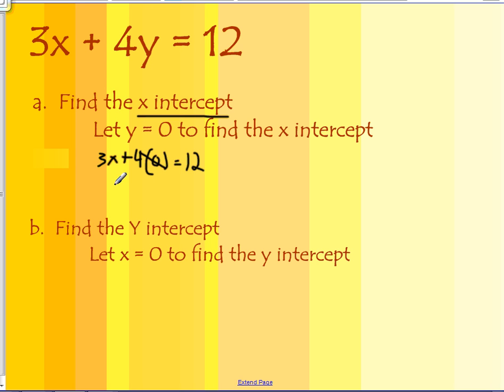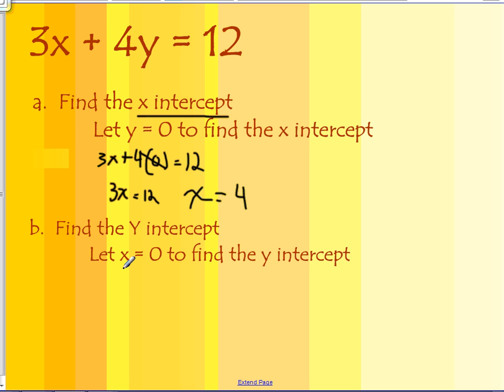So then we're left with 3x equals 12. And then we divide each side by 3, so we would get x is equal to 4. So I know that my x-intercept is going to be at 4.